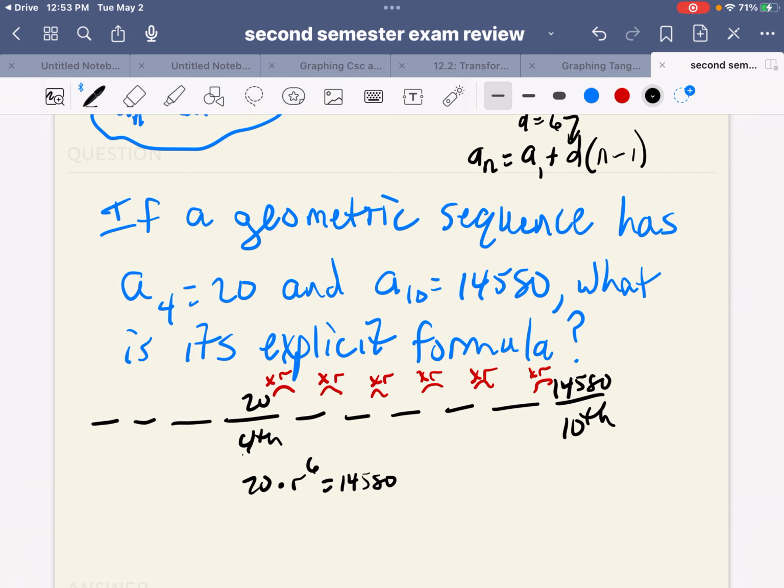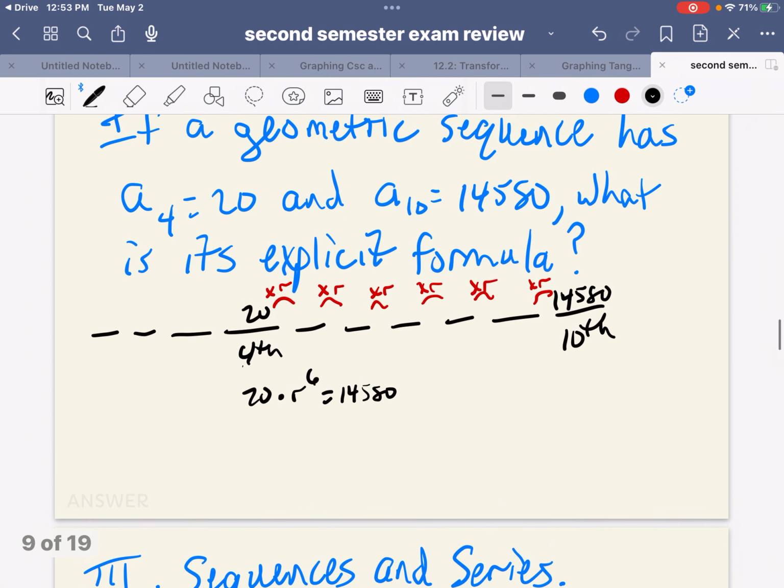So I need to solve for r. I'm going to divide by 20 on both sides. R to the sixth equals, grabbing my calculator, 14,580 divided by 20 is 729.